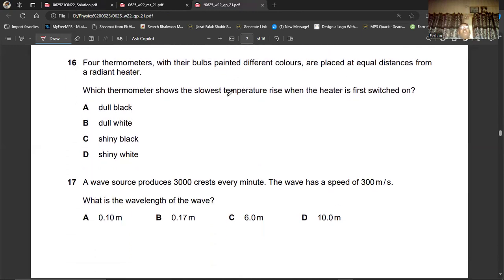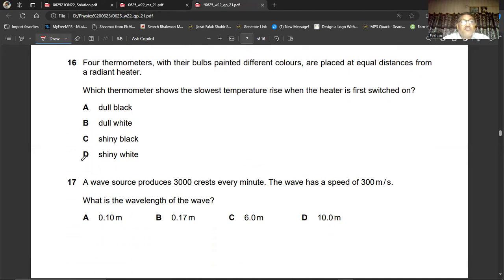Question number 16. Four thermometers with their bulbs painted different colors are placed at equal distances from a radiant heater. Which thermometer shows the slowest temperature rise when the heater is switched on? You see here, the worst infrared absorber is shiny white.